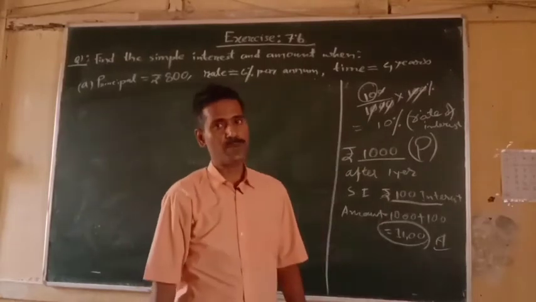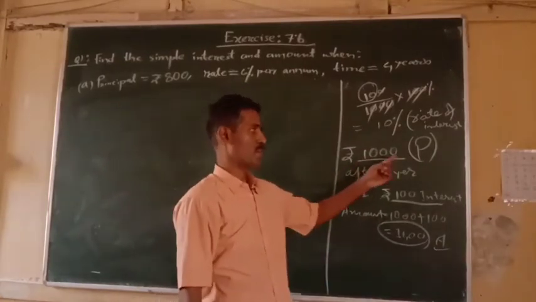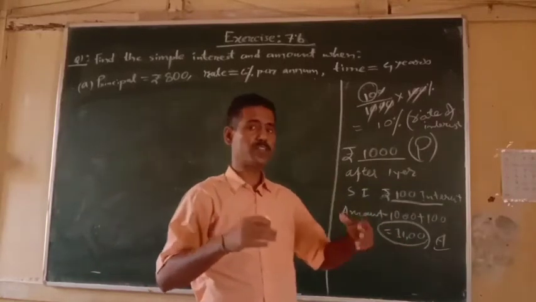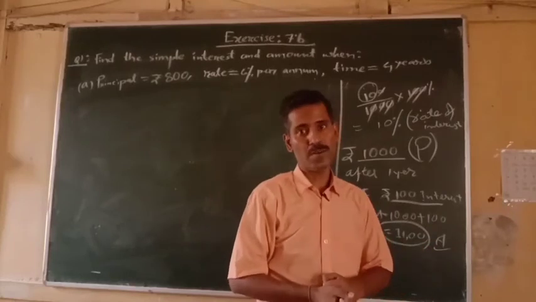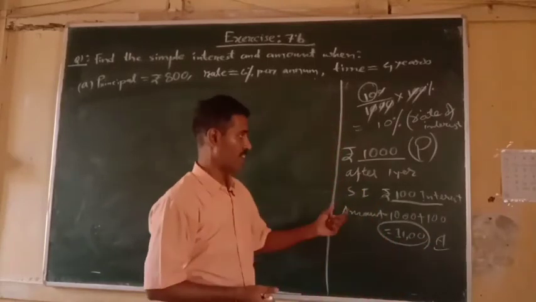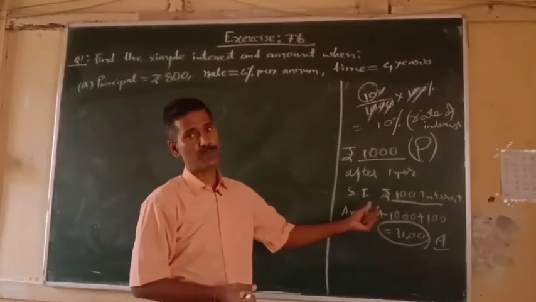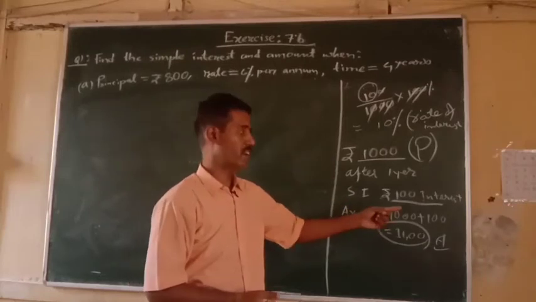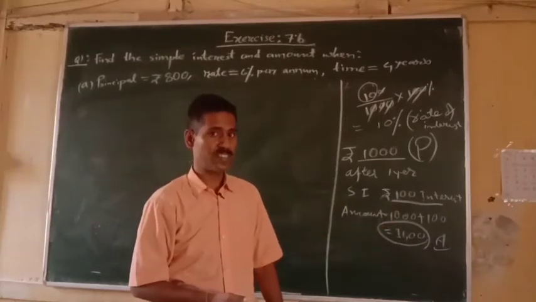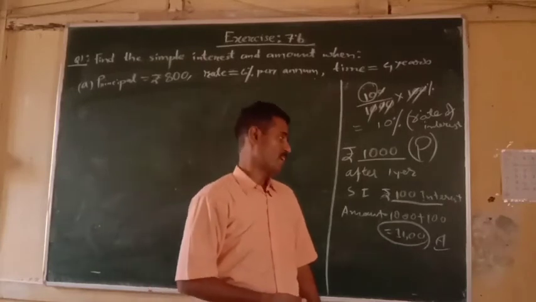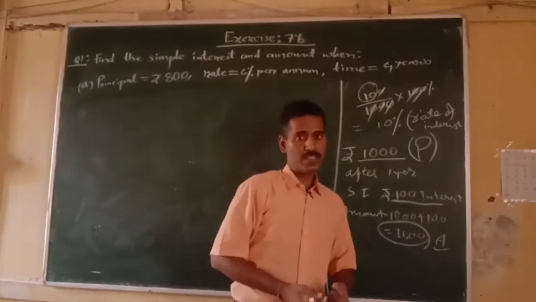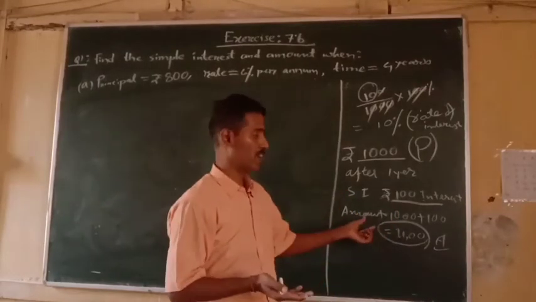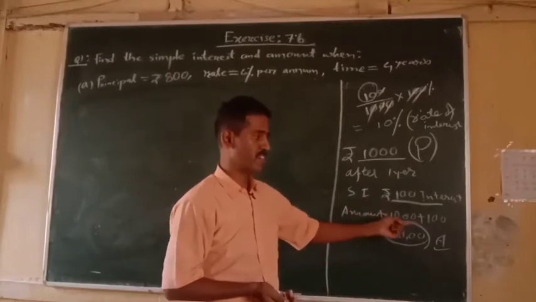So what we learned from here: first we got principal or capital, the amount you deposited in a bank. The surplus amount you get from the bank for keeping your money for 1 complete year, that 100 rupees, is called your interest, I. After getting it, the total amount in your hand, 1100, is called amount, that means principal plus interest.